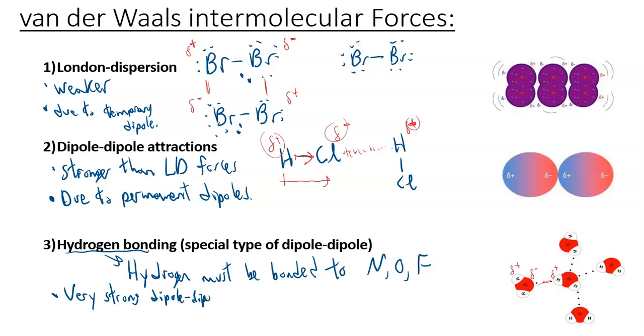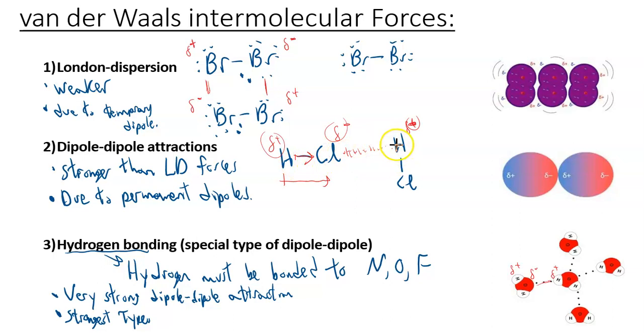So it represents the strongest type of intermolecular forces for neutral molecules. The strongest type, significantly more. So the attraction between water molecules will be much greater than the attraction between nonpolar molecules or polar molecules that can't hydrogen bond.